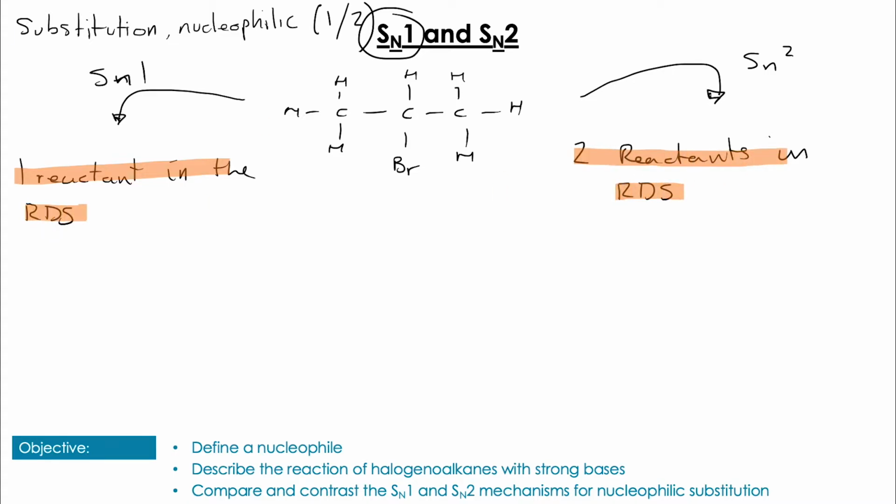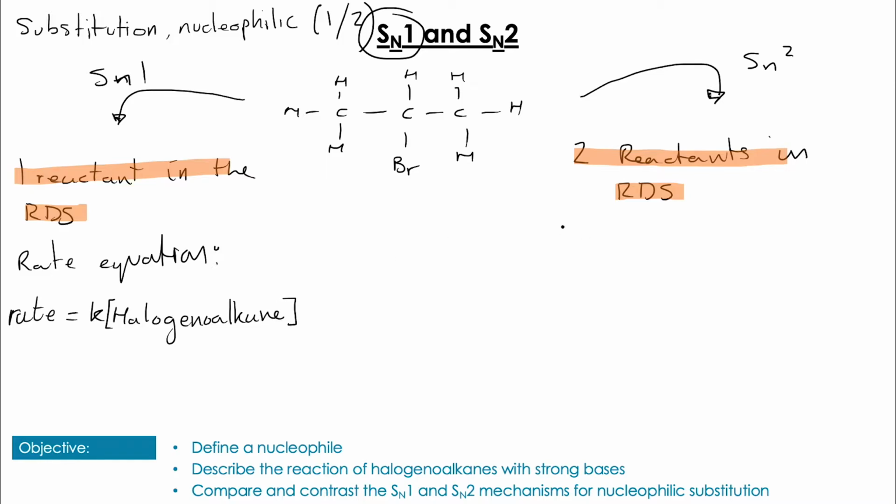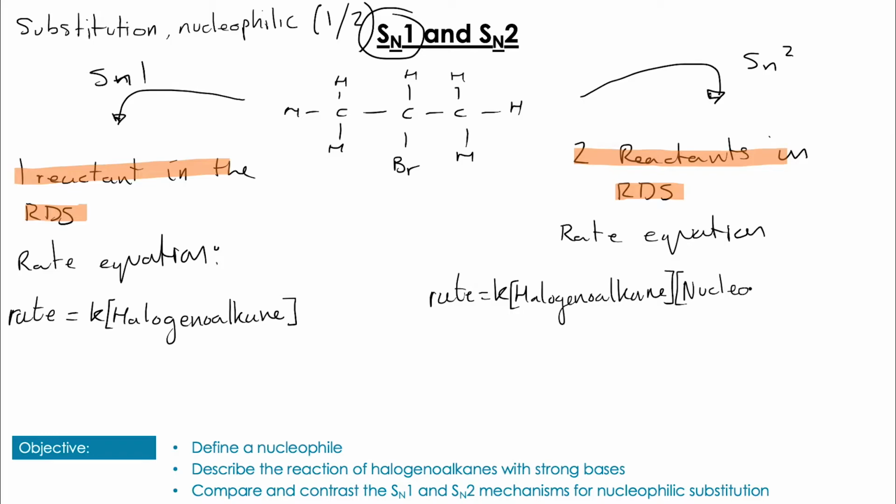So if we have a look at the rate equation for the SN1 reaction, we're only going to find 1 substance in the rate equation, hence 1. So we get something like rate equals k times the concentration of the halogenoalkane. Now, if we look at the rate equation for the SN2, we're going to have rate equals k times halogenoalkane, still the same. However, we're also going to be dependent on the concentration of whichever nucleophile we're using in the reaction.